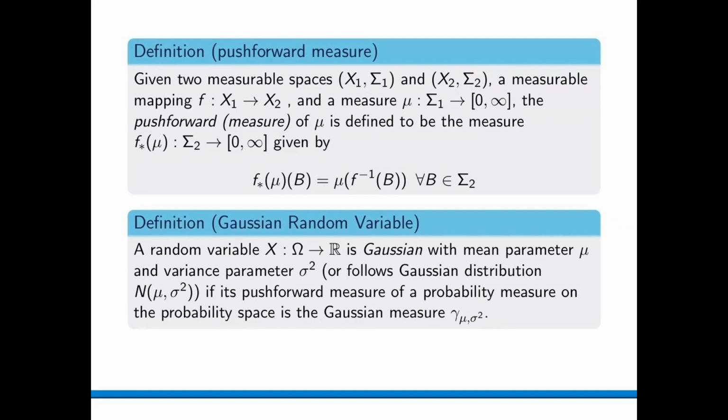A natural definition that connects two measurable spaces is the push-forward measure. Given two measurable spaces, (x1, sigma 1) and (x2, sigma 2), a measurable mapping f from x1 to x2, and a measure mu from sigma 1 to the extended non-negative real numbers, the push-forward measure of mu on the former measurable space is defined to be the measure given by f star mu here.